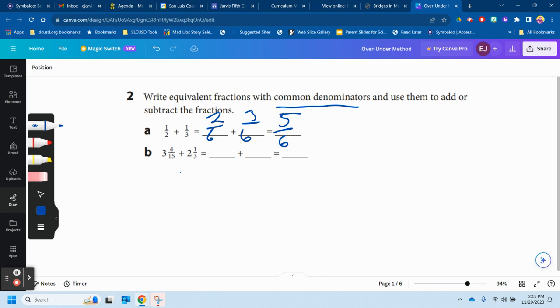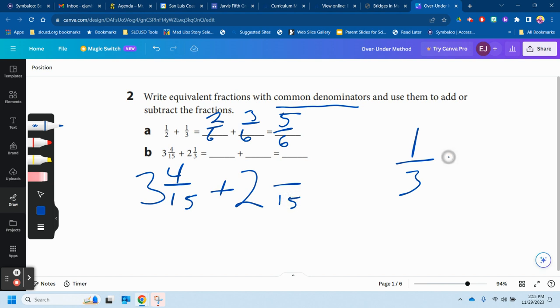So I leave the 3 and 4/15 alone. Plus, I have to write 2 and 1/3 with a denominator of 15. 1/3 equals something over 15.